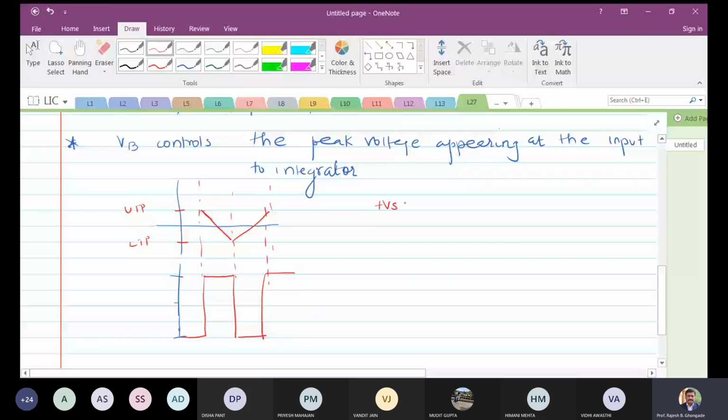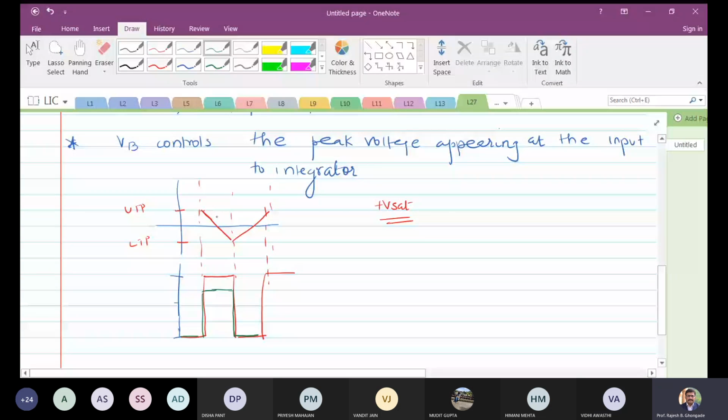Now, if the peak voltage itself is different, I'll draw it with a different color. The peak voltage is different, so the time taken by the capacitor to charge or discharge will also be different. Are you getting this?